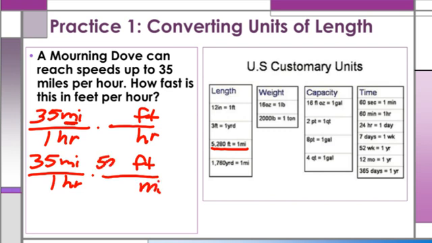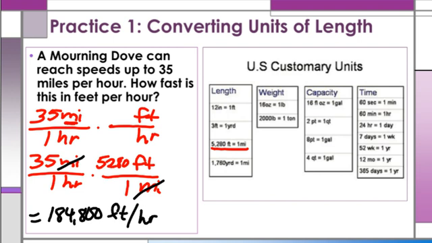So that's 5,280 feet over 1 mile. Now I can cancel out the mile labels, and I'm left with 35 times 5,280 feet over 1 hour. That's going to give us 184,800 feet per hour.